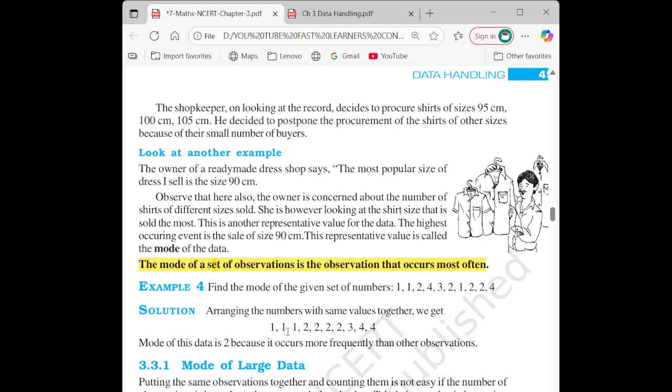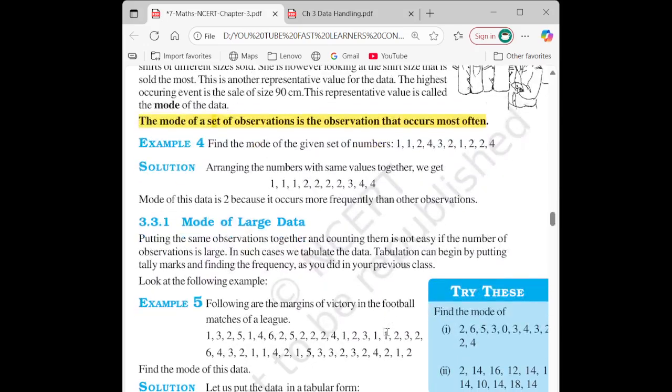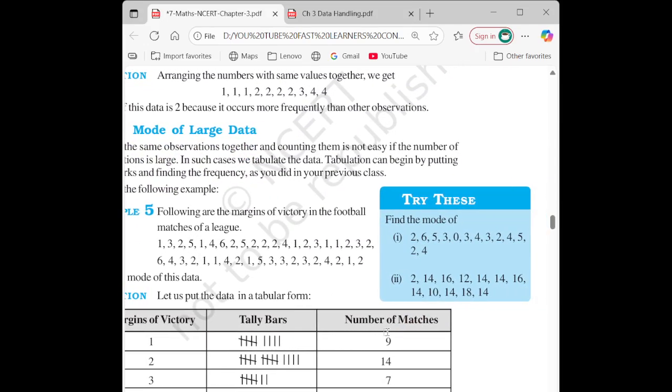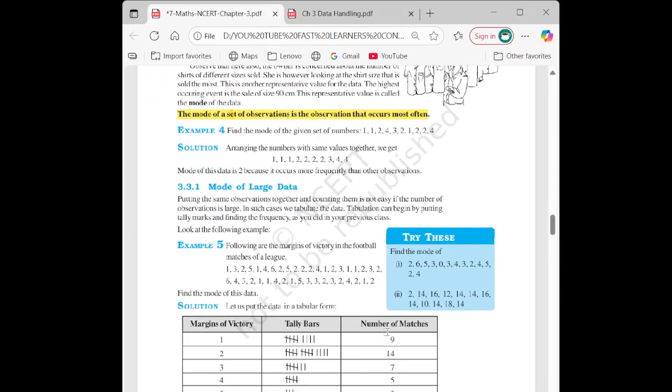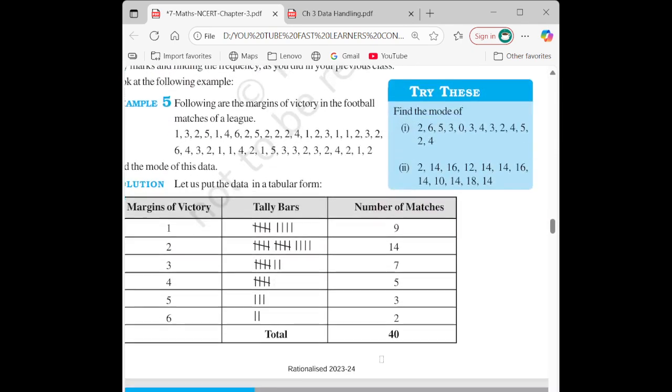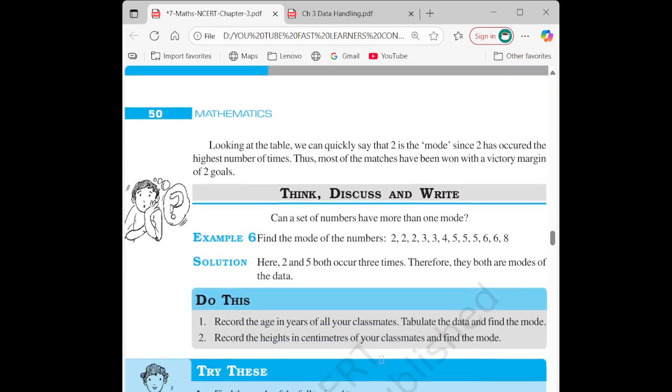Once you arrange the data in ascending order, you will come to know that this 2 occurs 4 times. That means 2 is the mode of the set of observations. Mode of the data is 2 because it occurs frequently. So in any data, a number that occurs frequently is the mode of the data. You need to remember this.